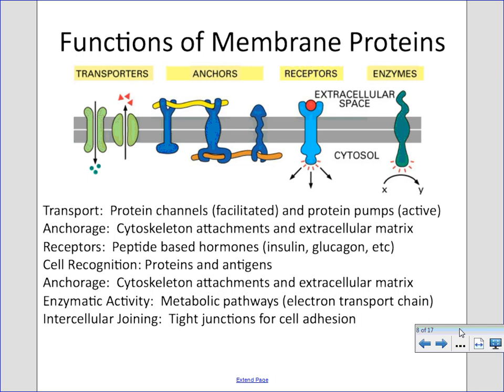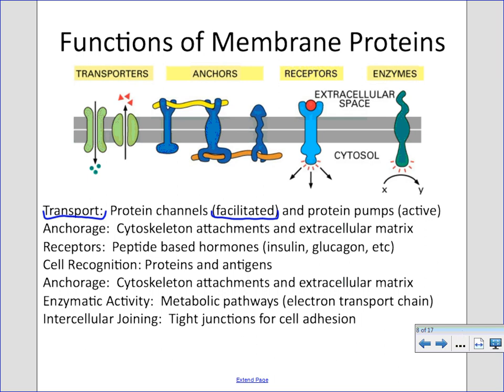Also found in the structure of cell membranes are proteins, or what we'll refer to as membrane proteins. Membrane proteins carry out a number of different functions for the cell, which can include transport. You can have protein channels, which carry out facilitated diffusion, meaning that molecules will move from a high concentration to a low concentration naturally.